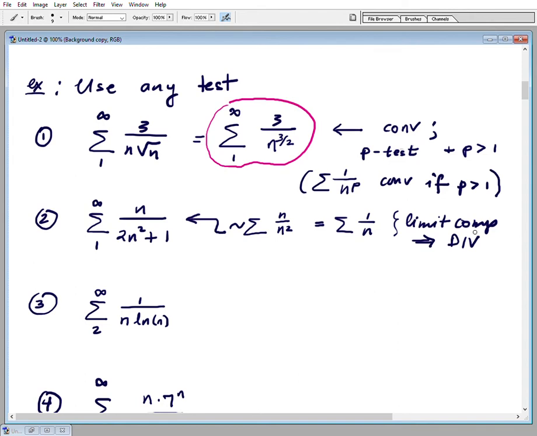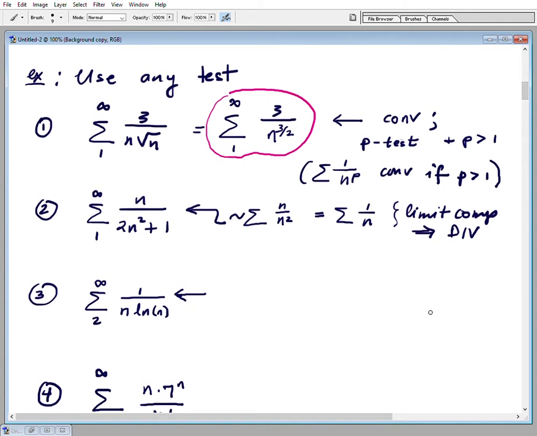Okay, what about this one? What test do you think we should do here? Any idea? Well, this one, we know how to integrate this. You should recognize that this is not difficult to integrate.